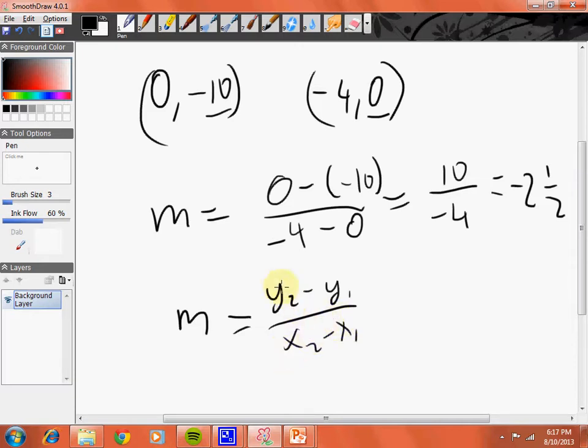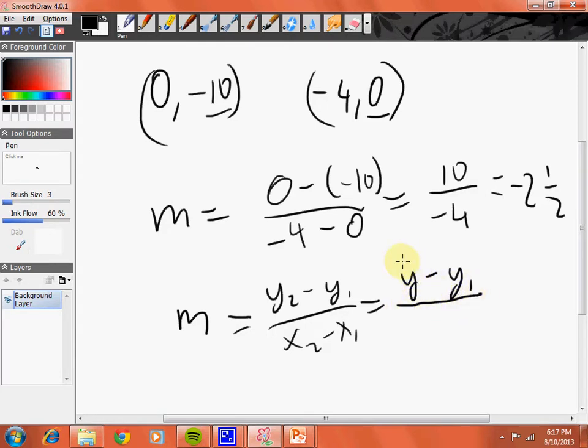If you pretend that the point x2, y2 is a variable, meaning it's not a consistent point, it could be any point, you could see that it would kind of look like this: y minus y1 over x minus x1. You're not letting it be fixed anywhere.